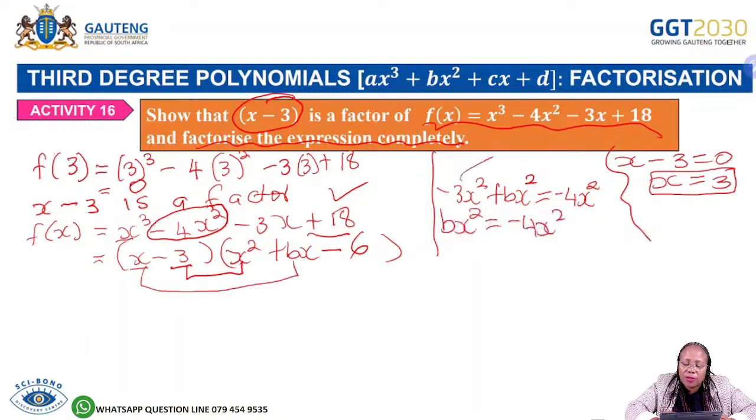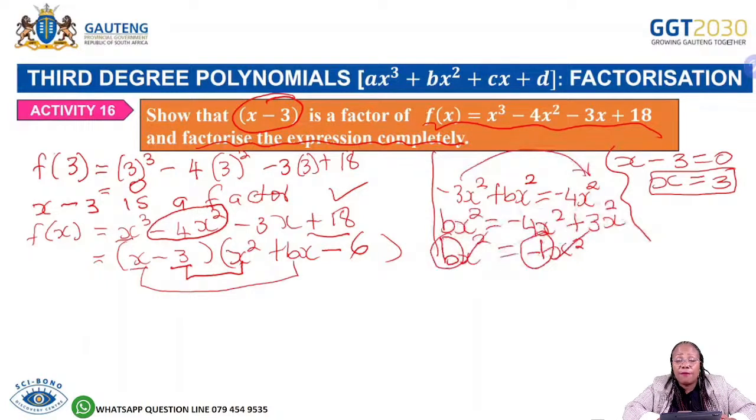We are transposing minus 3 to this side, it becomes positive 3x squared. So bx squared equals minus 4x squared plus 3x squared, which is a negative x squared. We don't need an x squared, we need a b. Remember, there's a 1 there, the coefficient of that x squared. Therefore, b is equal to negative 1.